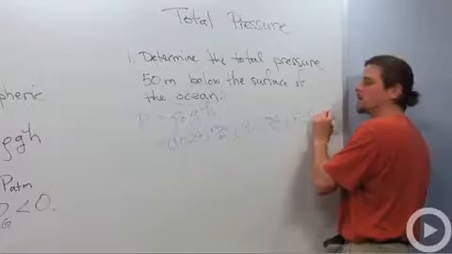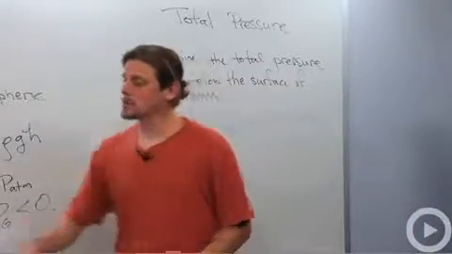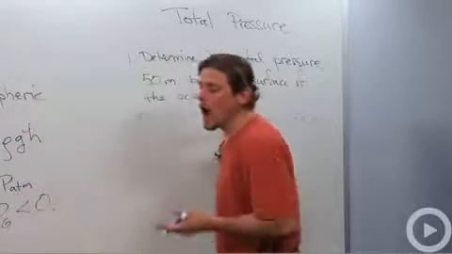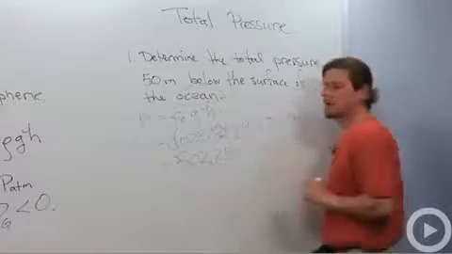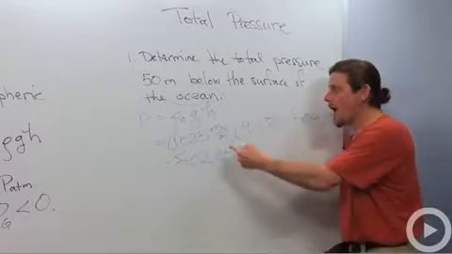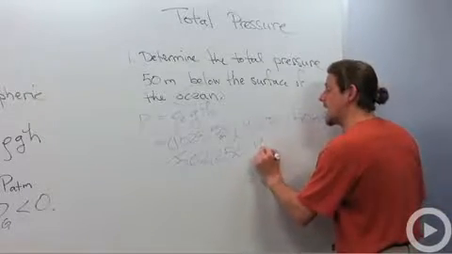So when we work that all out, it turns out to be 502,250, and then what's the unit going to be? Everything's SI, so it's going to be the SI unit for pressure, which is pascals.